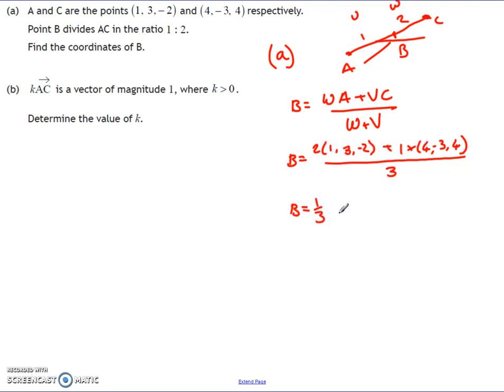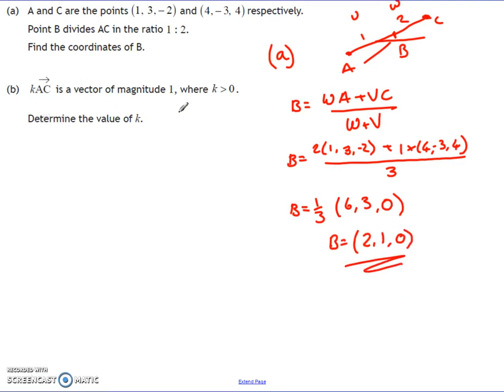So 2 times 1 plus 4 is 6. 2 times 3 is 6. Plus negative 3 is just 3. And then 2 negative 2's are negative 4. Plus 4 gives me 0. So it's 1/3 of 6, 3, 0, so I know that B is then going to equal the coordinate 2, 1, 0. So there you go, I've got the coordinate of B.